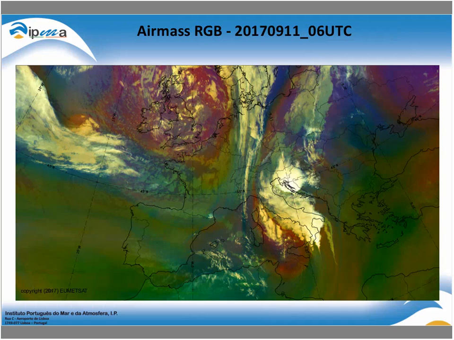Let me point out the color: the intrusion of stratospheric air in this area, near the low over the North Sea, and also here we have some near the low over the Mediterranean.